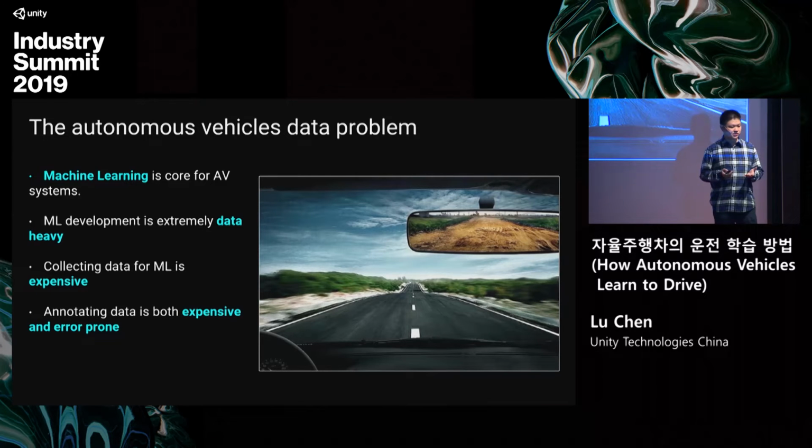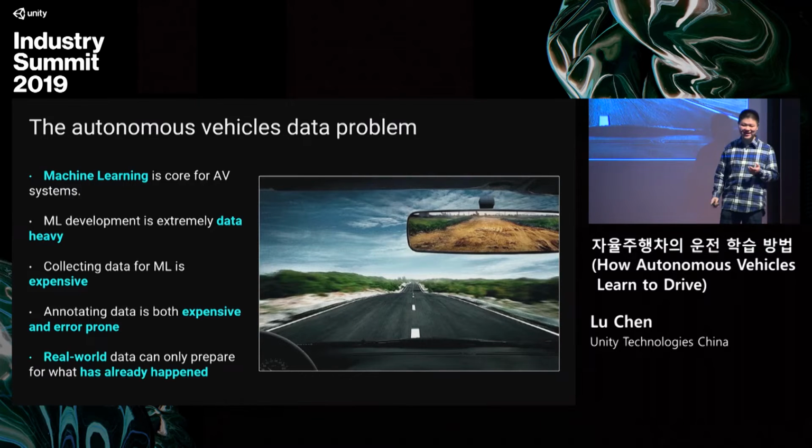What is worse is that annotating it is even more expensive and error-prone, because we depend on humans to label the data, and humans can make mistakes. But how can we check the mistakes? Maybe arrange another human to check it. So you double the price, double the cost, okay?